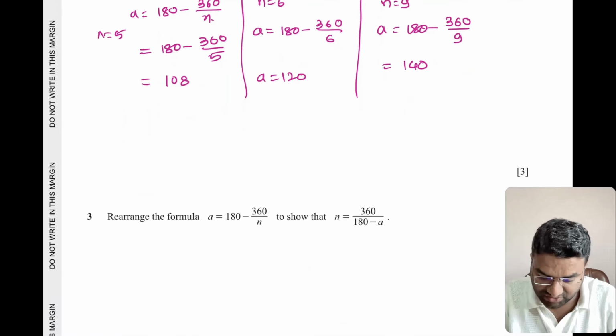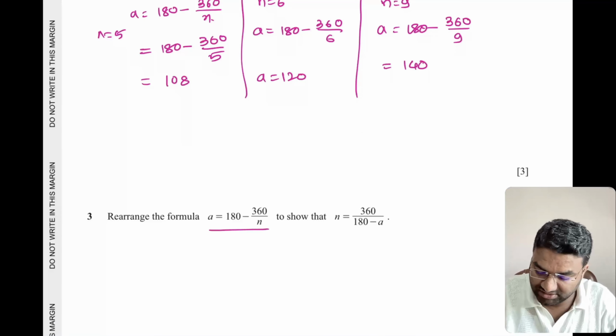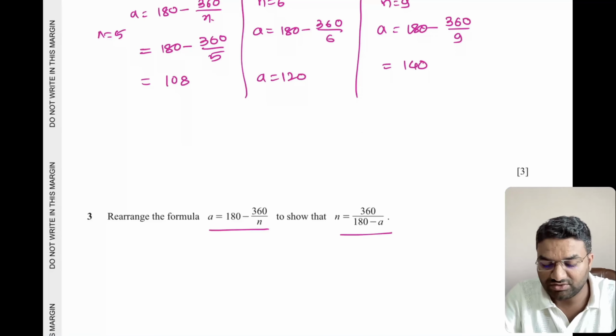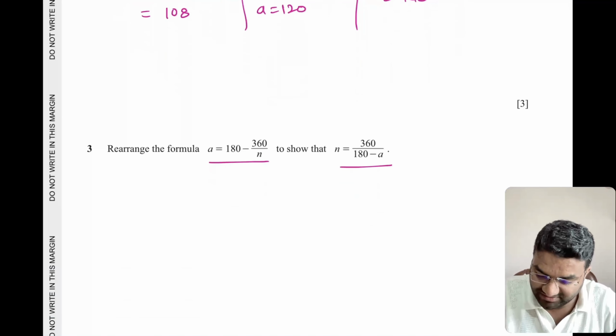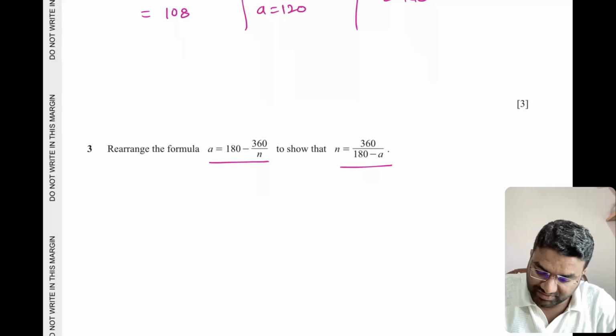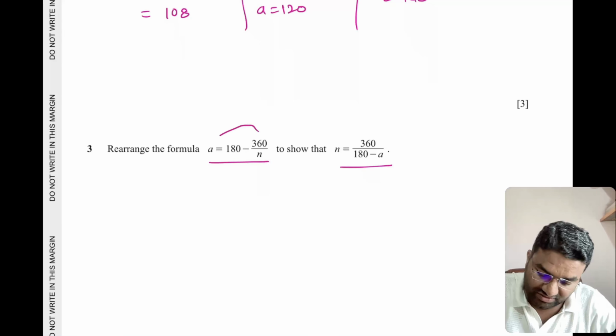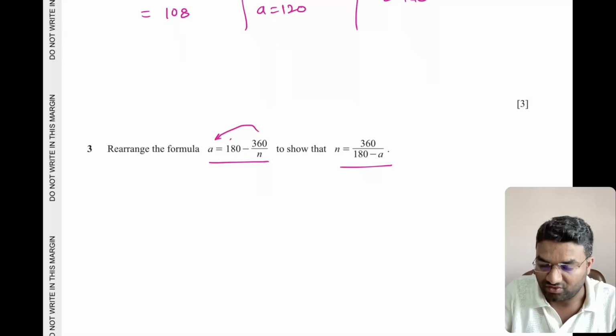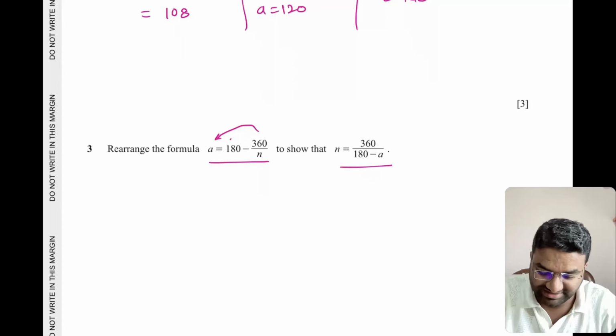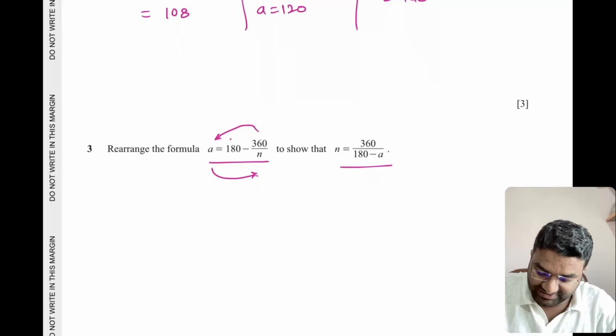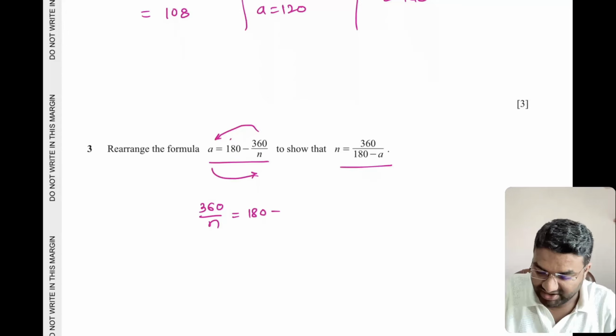Then we have to rearrange the formula to show that n is equal to 360 divided by 180 minus a. First, transfer 360 divided by n to the left and a to the right, so 360 by n is equal to 180 minus a.